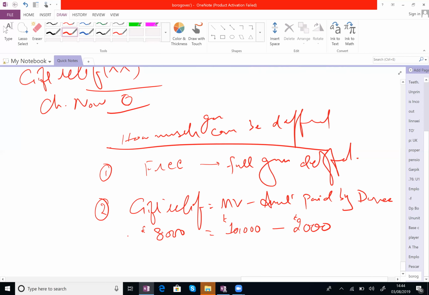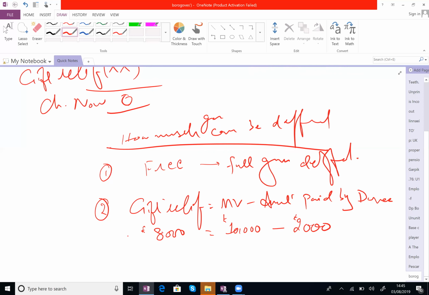On this 8,000, gift relief can be claimed, right? So the 8,000 gain will be deferred through gift relief. If I am giving you the asset free of cost, then the full gain I can defer, I mean the donor. And if the donor charges some amount, for example, 10,000 is the value of the asset and I am charging 2,000 from the donee.